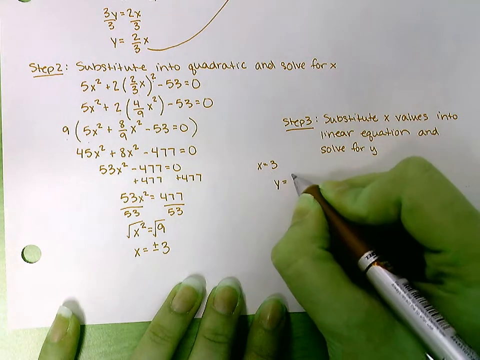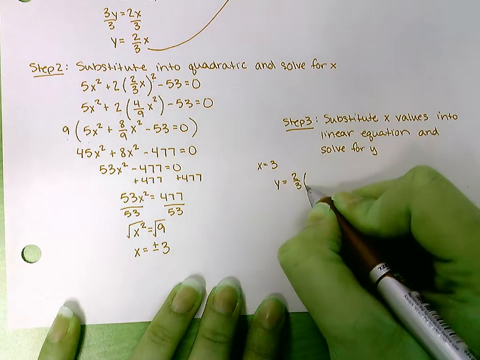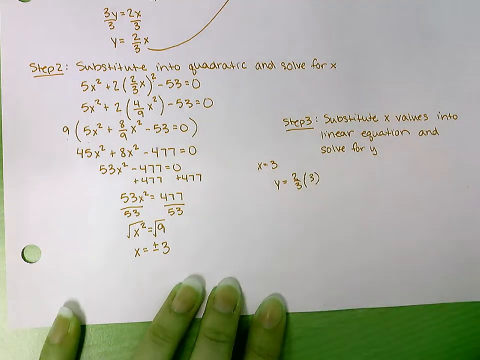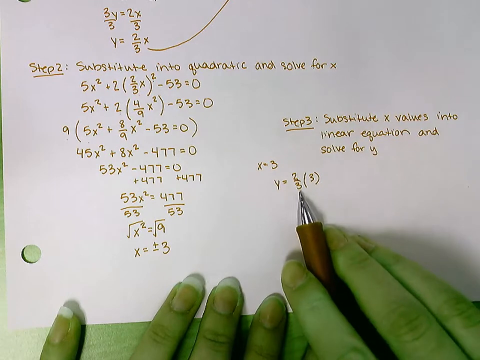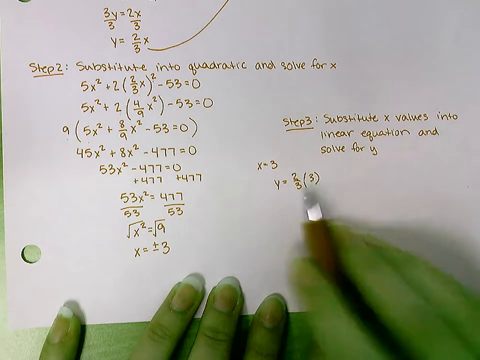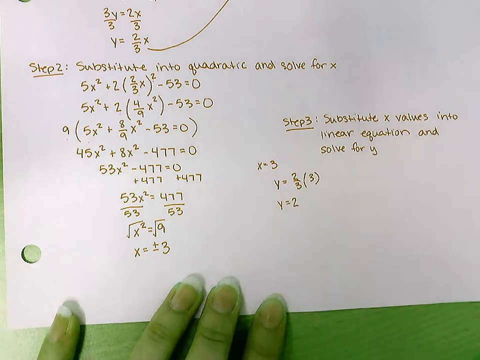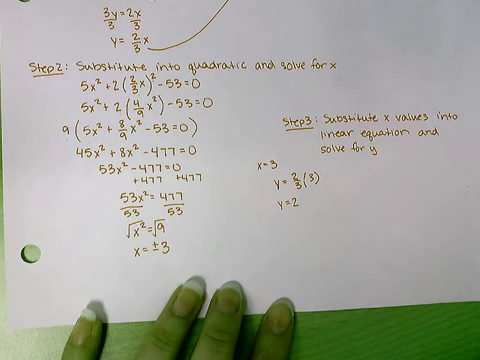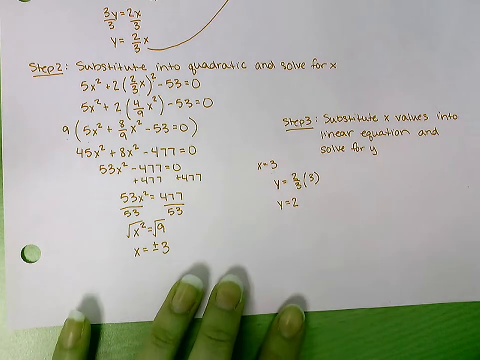So we have y equals 2/3 times our x value, which is 3. Okay, those 3's are going to cancel out, and we'll end up with y is equal to 2. Okay, I do have one other x solution.